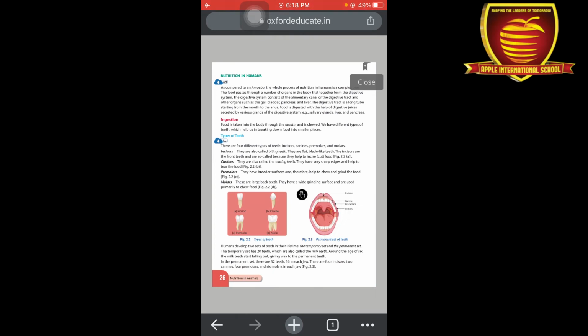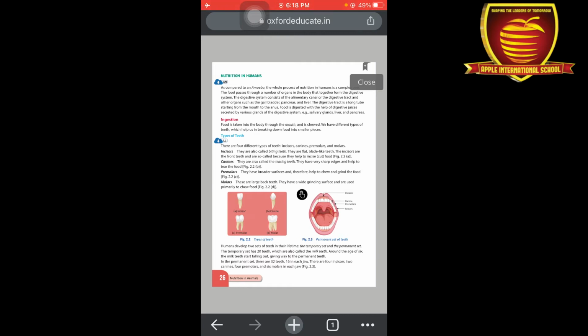Now the second process is nutrition in humans. If we compare human beings with amoeba, the nutrition, the process of taking food inside, is very different from amoeba and very complex. Firstly we take in the food through our mouth, and here we use different organs.